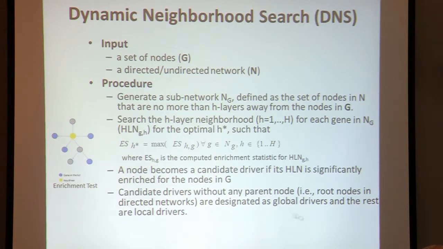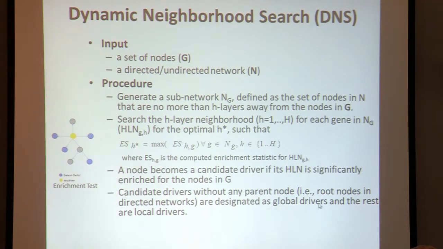Then you can derive those candidate drivers whose neighborhood is significantly enriched for the input gene list. From those candidate drivers, we can further differentiate the global drivers, those drivers without any parent nodes. They tend to regulate many other nodes without being regulated by other nodes.